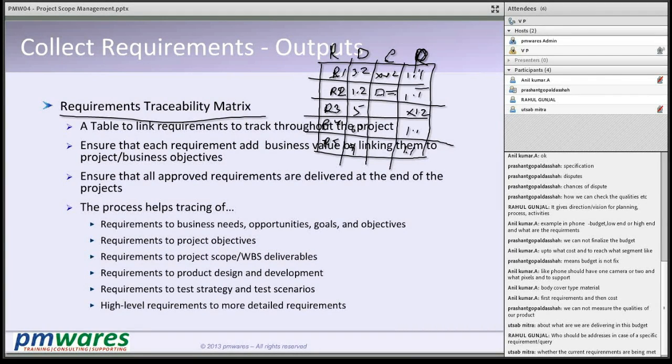So R1, R2, R4, R5 are released in 1.1 and R3 is released in 1.2. Right? And this way in every phase you ensure that all the requirements are being taken care of, and so it eliminates the chance of any requirement getting missed out from the delivery.